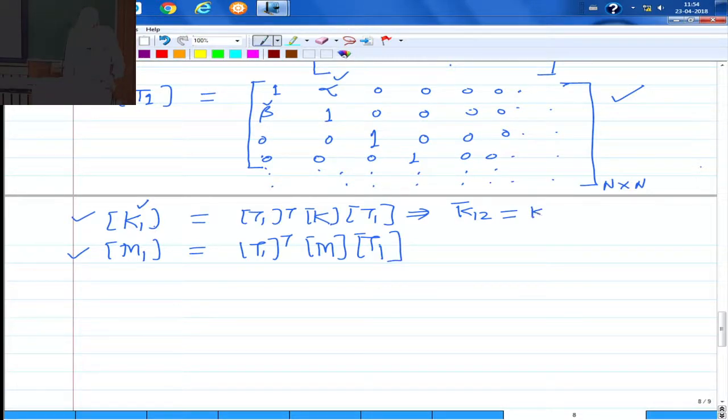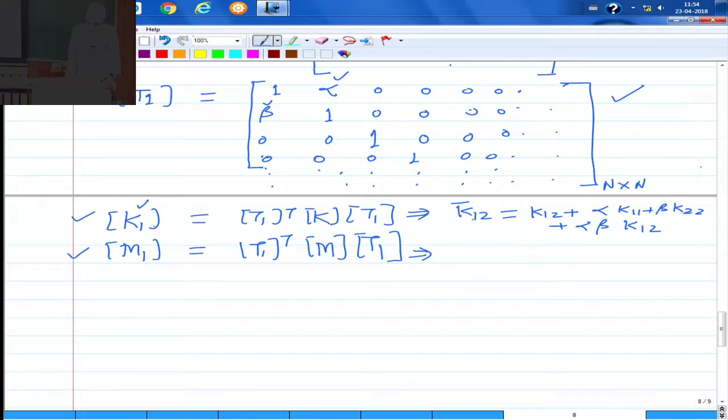This would be K12 plus alpha times K11 plus beta times K22, plus alpha beta times K12. So this would be the expression for K12 bar after the transformation, that is after this multiplication.